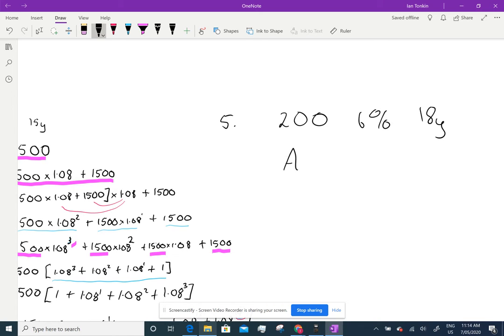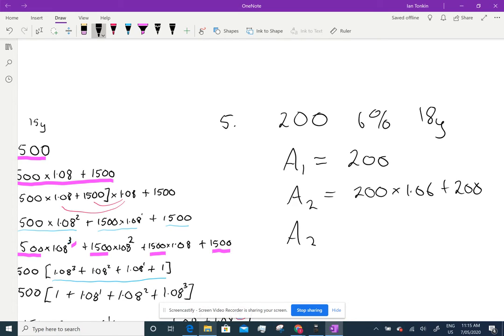So on his first birthday, they put the money in, he's got $200. On his second birthday, he's got 200 times 1.06 plus 200.